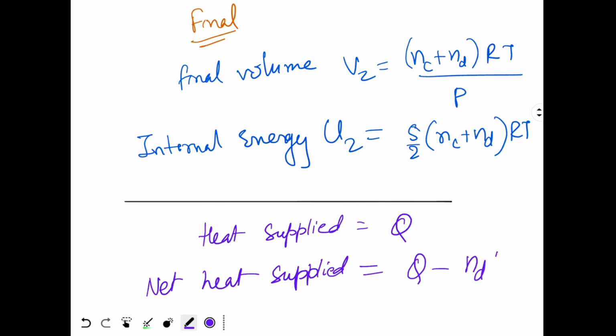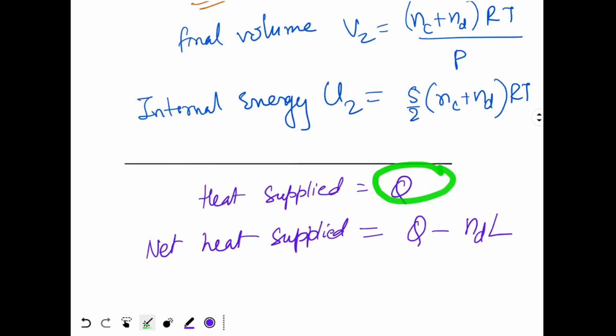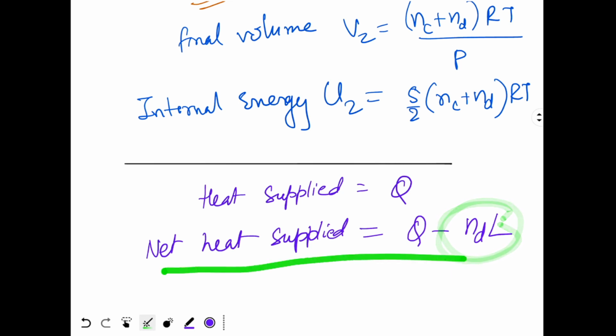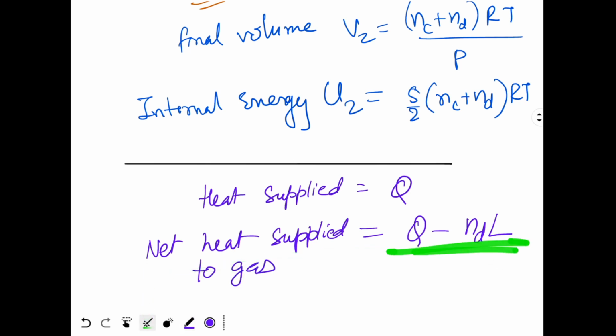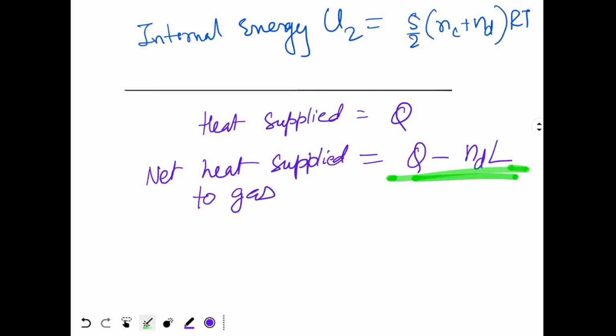So minus number of moles into latent heat. Okay. Some amount of this heat energy is used for sublimation of dry ice to convert dry ice into gas. So this much energy is utilized for sublimation. So the net heat supplied to the gas is Q minus ND L. Okay.